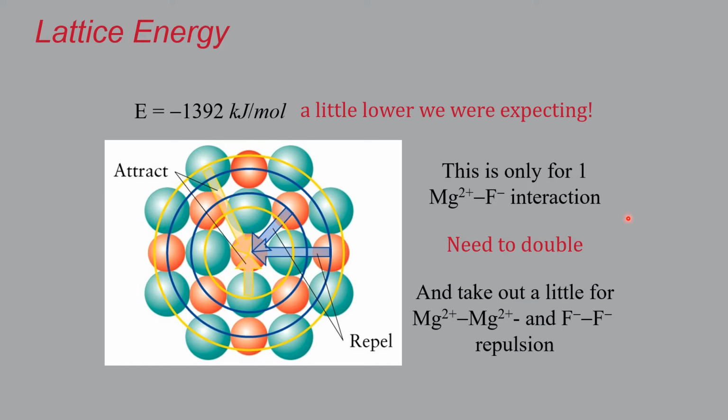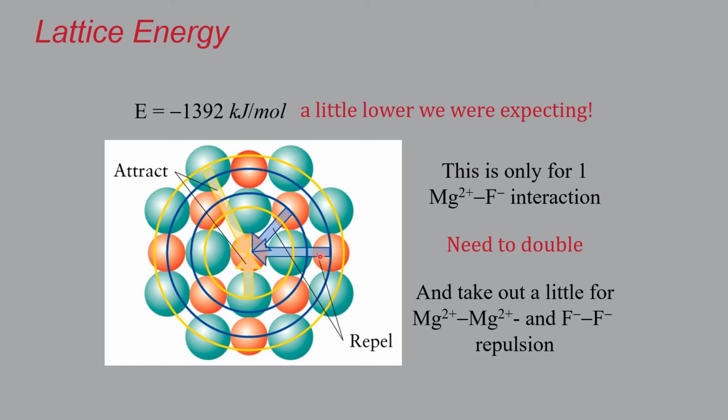So the other thing we need to do is take out a little bit for the repulsion that is present between ions of like charge. When we talk about ionic compounds, we talk a lot about the attractive interactions between ions of opposite charge, rightly so, because that's a big deal, but there is also a large amount of repulsion from ions of the same charge.